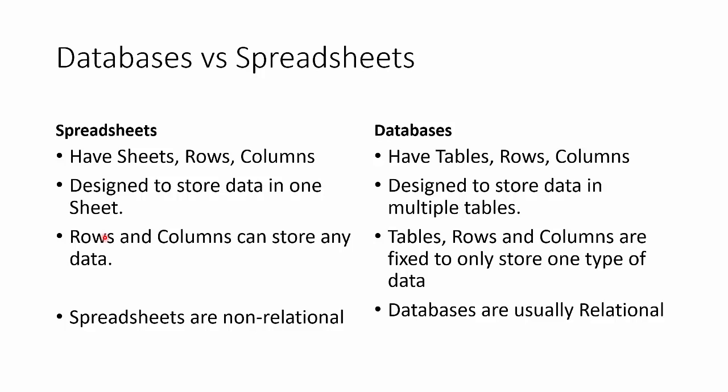You don't have to follow a pattern. So you might have name followed by age, and then on the next row you could have address followed by date of birth. Doesn't matter. The spreadsheet will still work. Databases, on the other hand, are very structured. Each table has specific columns, and that column can only store one type of data.